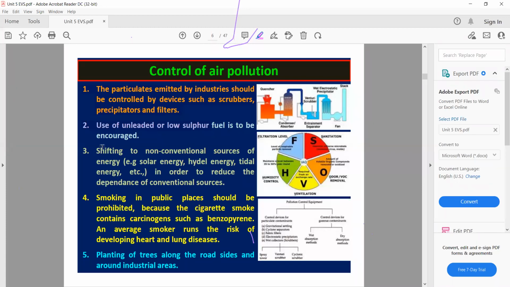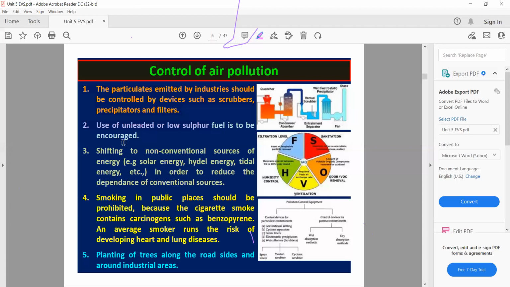Next, use of unleaded or low sulfur fuel is to be encouraged. If the fuel itself is loaded with a lot of lead, Pb, or sulfur, then automatically it will create a lot of pollutants in the environment, right?